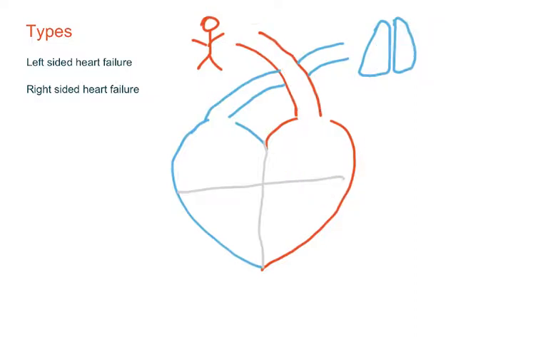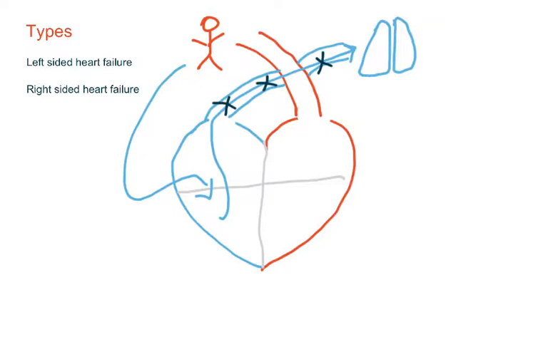Similarly, the right side of the heart receives blood from the body, from where it is pumped out into the lungs. So if the right heart fails to pump this blood out into the lungs, this fluid built up will be in the body now.